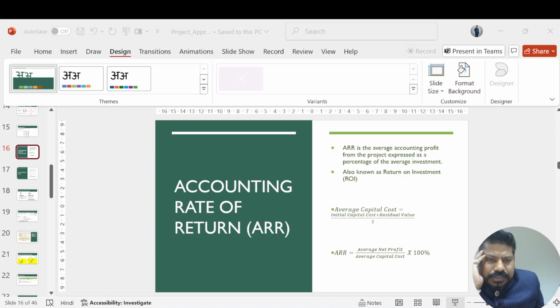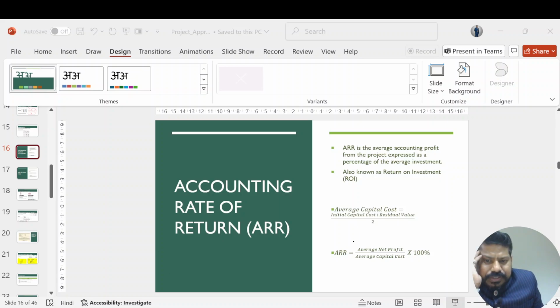Average capital cost is, you simply divide the 1 million by 3, which comes down to 330,000 dirhams. Now average net profit is, you add up 180, 60, 60 and divide by 3, which comes down to 100,000.